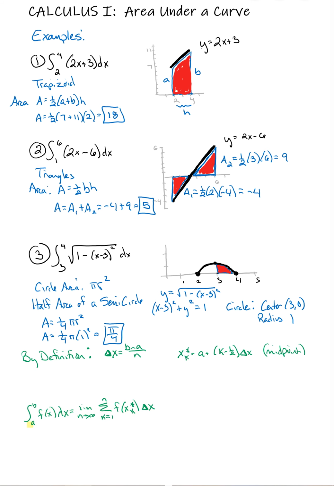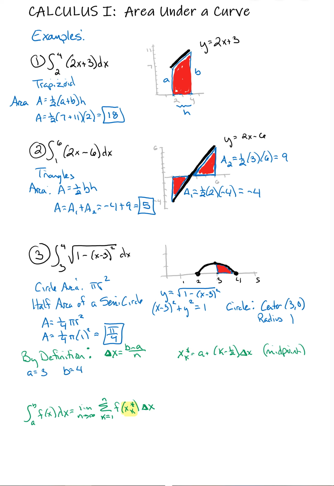Now, along with this definition, we need to know that delta x is easily defined by b minus a over n, and the x sub k stars will use the midpoint, so it's going to be a plus k minus a half times delta x. So looking at this, in this case we have a is 3, b is 4.